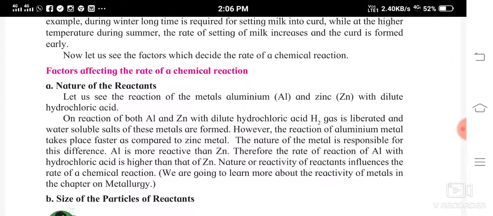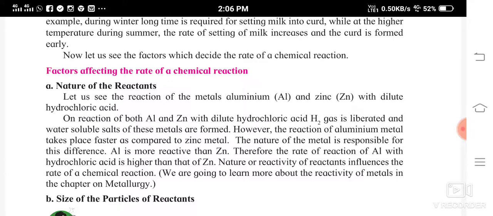In both the cases, hydrogen gas is going to be liberated and respective salts are formed, that is aluminium chloride and zinc chloride. Hydrogen gas is liberated in both the cases. But the reaction of aluminium metal is going to take place faster when you compare it with zinc.